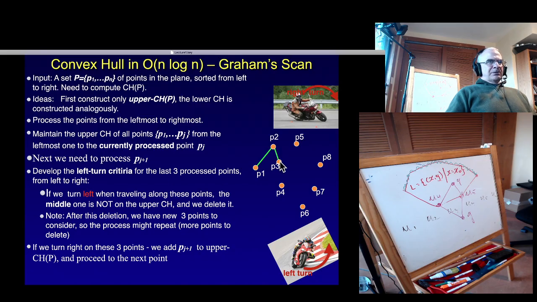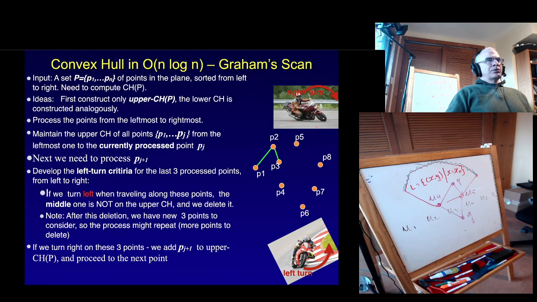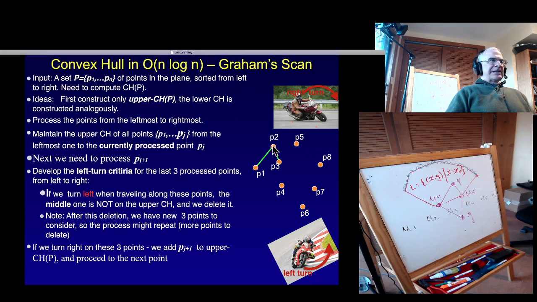That's a good sign for P2, but it doesn't tell me one bit about P3. I'm adding P3, but the point that I'm worried about is P2. Does the addition of P3 indicate that P2 should or should not be in the convex hull? In this case, you see that at P2 I'm turning right, so as much as I know right now, P2 is fine to be on the convex hull.